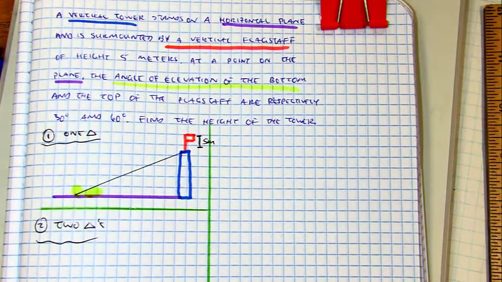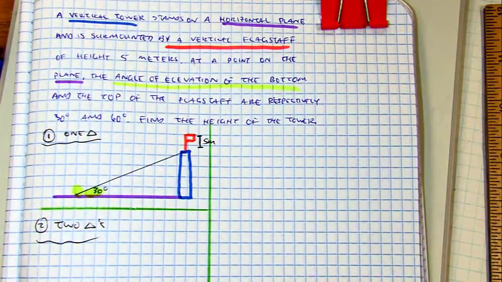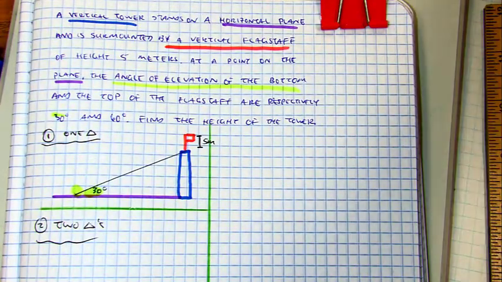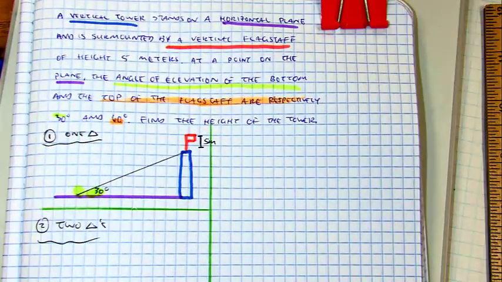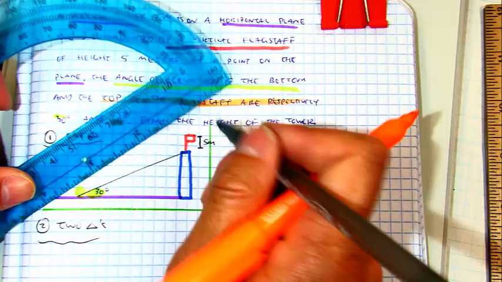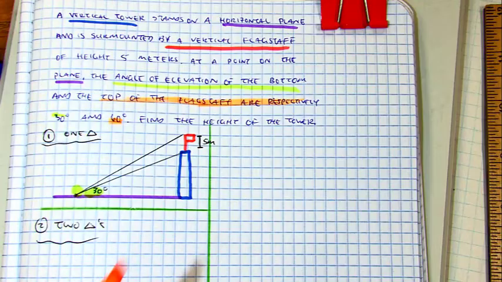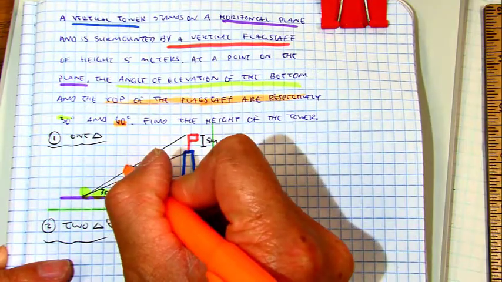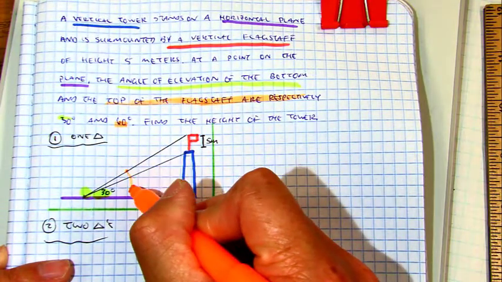That's 30 degrees. And to the top of the flagstaff would be 60 degrees. So from that same point, pay attention, I'm gonna go from this segment all the way down here. That one's 60 degrees.